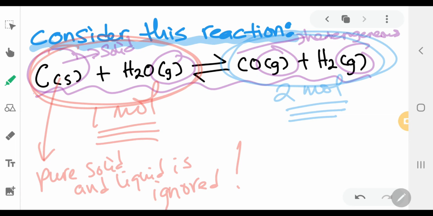Okay, so now what happened then? You have a different number of moles of gaseous species on both sides. So when you change the pressure and volume, you will get an equilibrium shift.